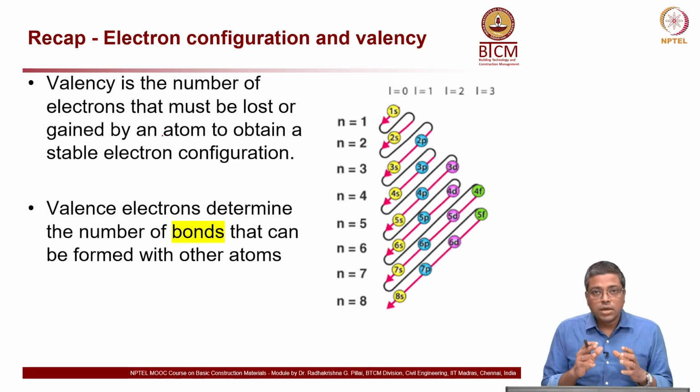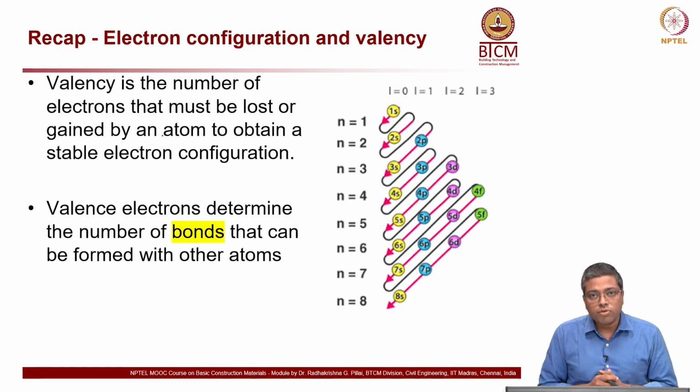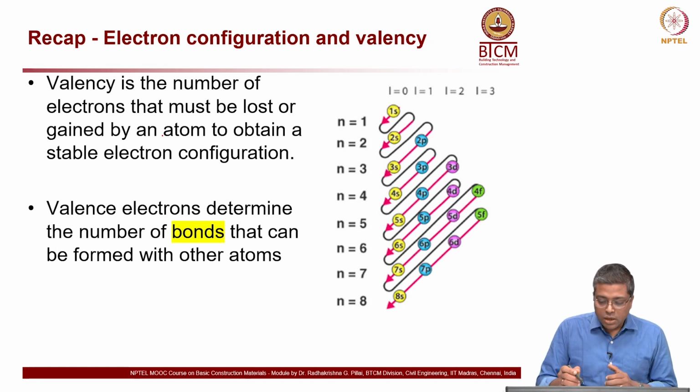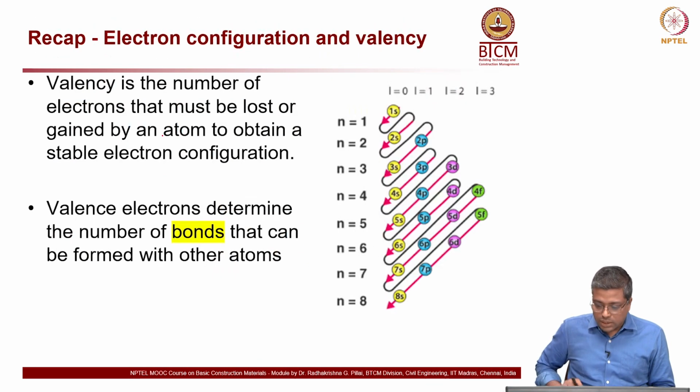Depending on the number of valence electrons, the type of bonds and the number of bonds that can be formed are also very much dependent on the number of valence electrons you have. Now, in the previous slide I showed a table like this. The same thing you can look at here in the sketch.